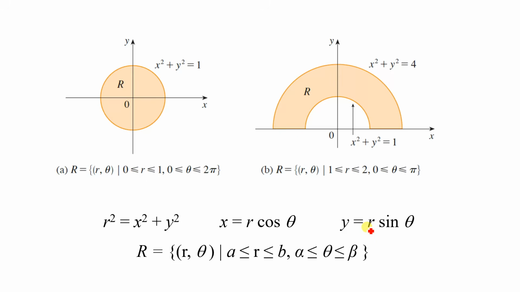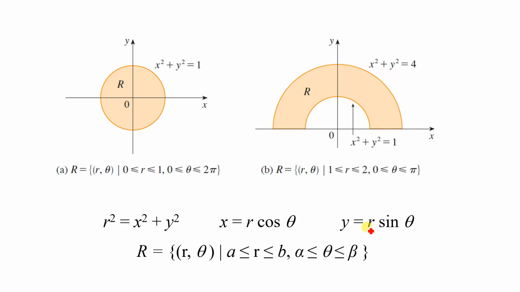In order to compute the double integral over the region R of f(x, y) dA, where R is the polar rectangle, we are going to divide the interval [a, b] into m subintervals.